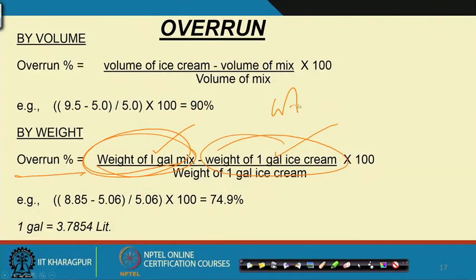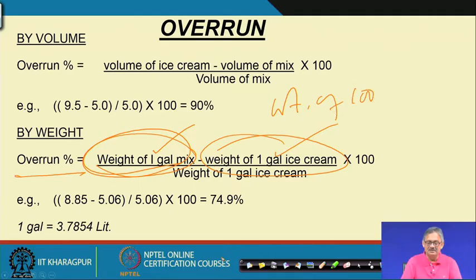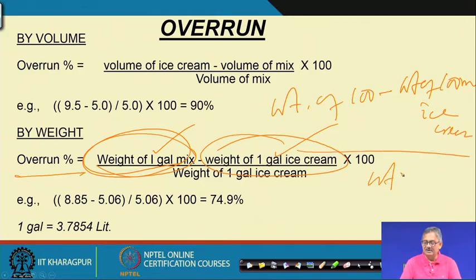So, you can say the weight of ice cream mix of, say, 100 ml, minus the weight of 100 ml ice cream, divided by the weight of 100 ml ice cream, because ice cream will have less weight than ice cream mix, right.